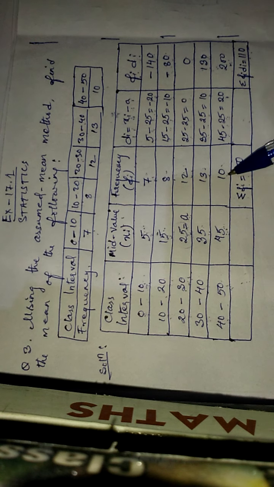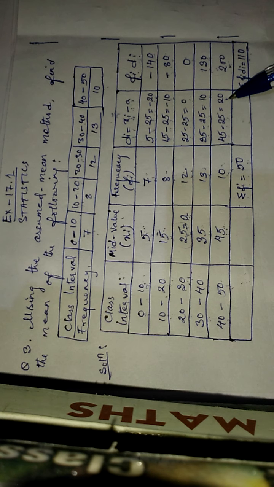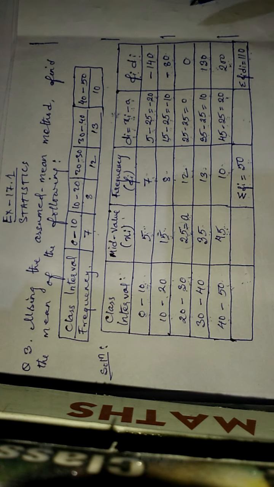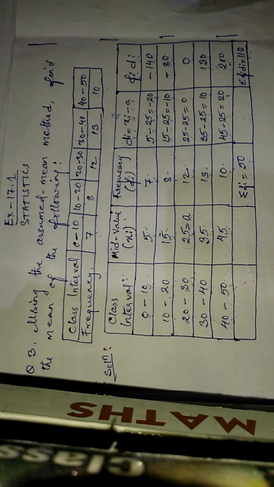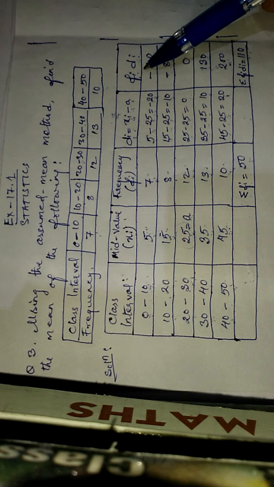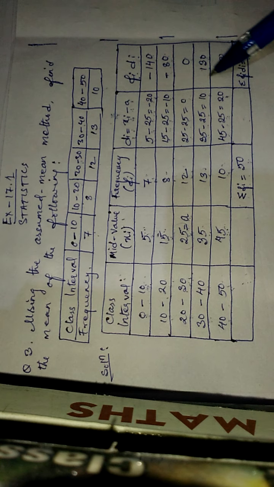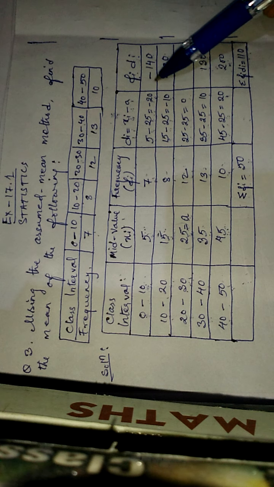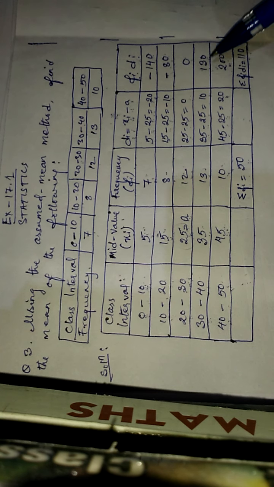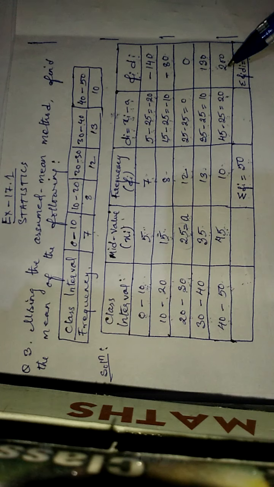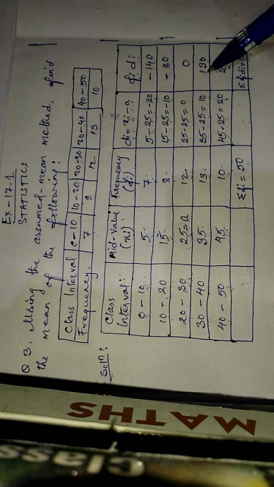Now we have the product of frequency and deviation, but in this column we have negative and positive numbers. So add the numbers having a minus sign together, and the positive numbers separately. Positive numbers: 200 plus 130 is 330. Negative numbers: 140 plus 80 is 220.